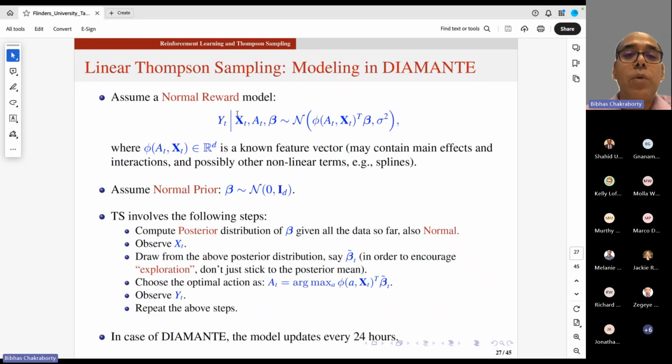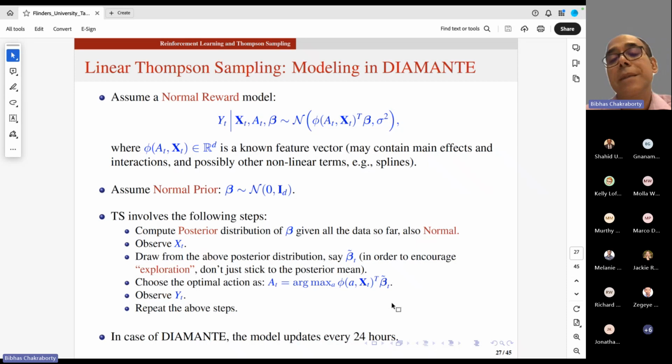The outcome model is normal, with a normal prior for the parameters, and the posterior distribution of beta is also normal because of conjugacy. Then we follow the steps I just mentioned in the previous slide: choose the optimal action according to this model, observe Y, and repeat the steps.